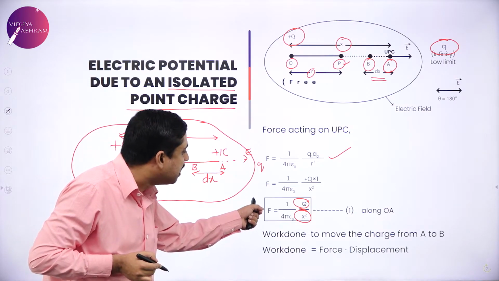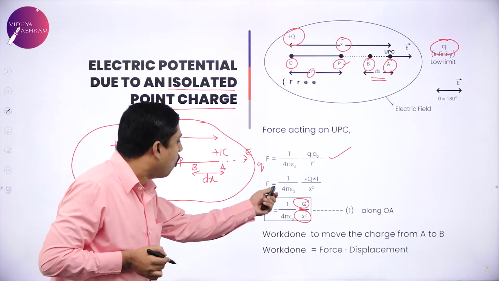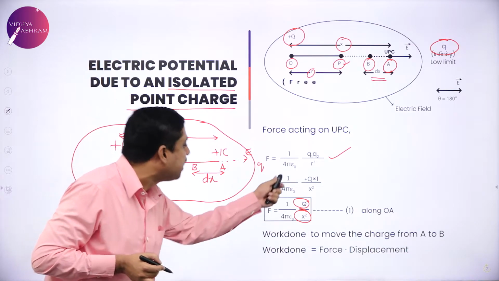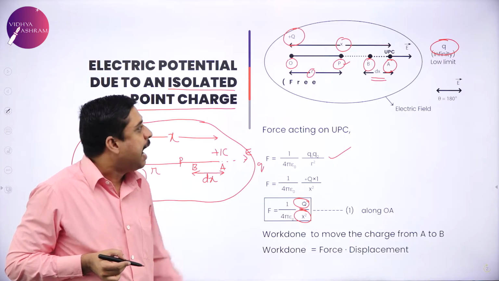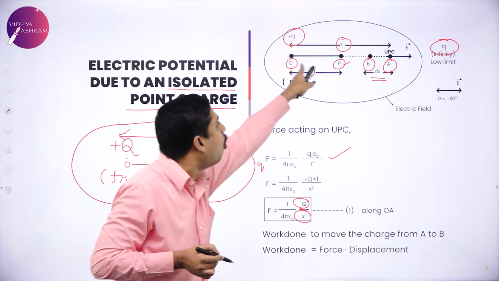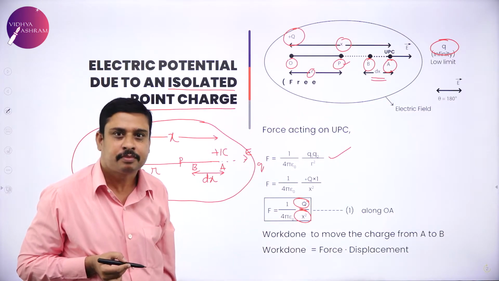So the force acting on the UPC is 1 by 4 pi epsilon naught Q divided by x square. And as I told, the direction is along OA, away from the UPC.